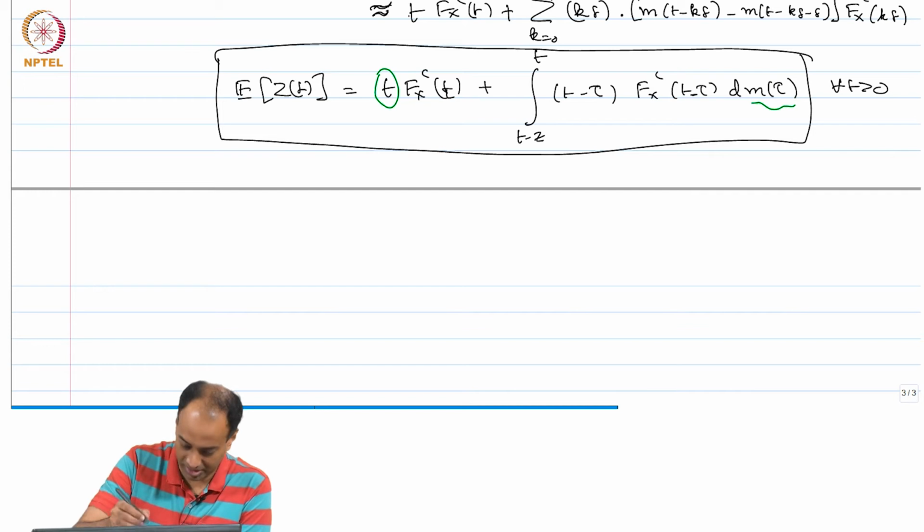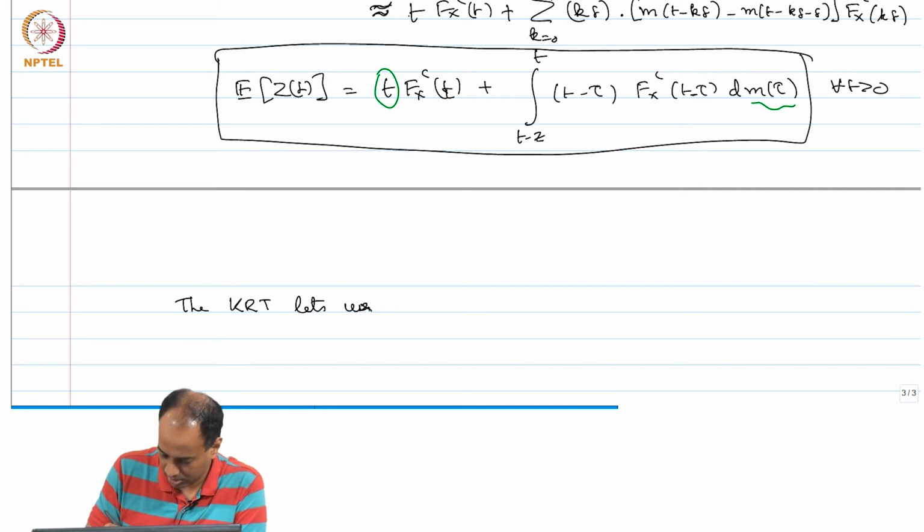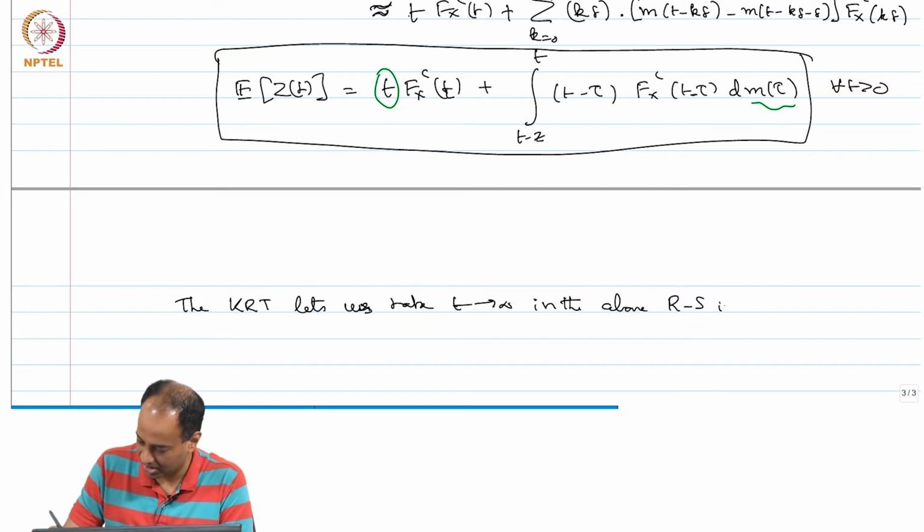So, the key renewal theorem lets us take t to infinity in the above Riemann-Stieltjes integrals.